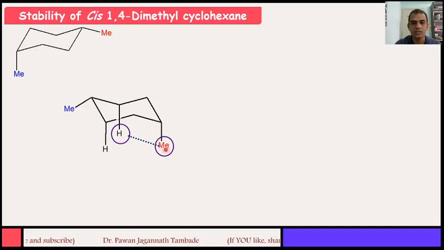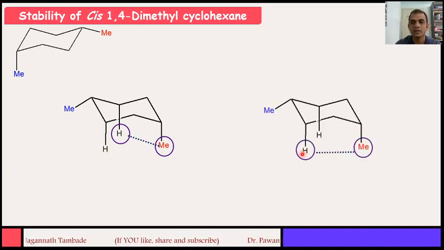This is one such interaction. In the same way, this methyl which is at axial position interacts with this hydrogen which is again at the relatively third position this way, and thus the methyl group at axial position will show axial interaction. Thus it is called 1,3 diaxial interaction.